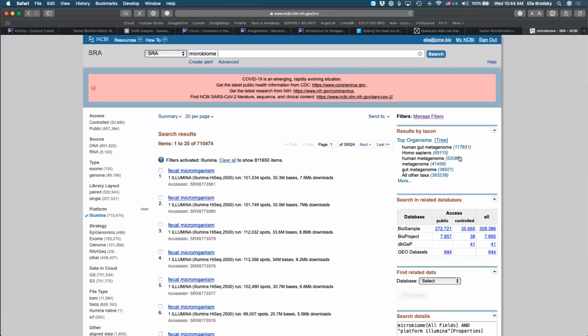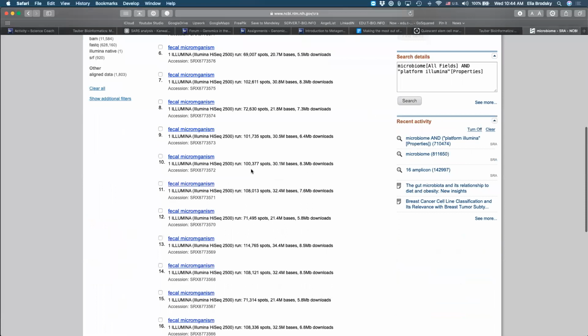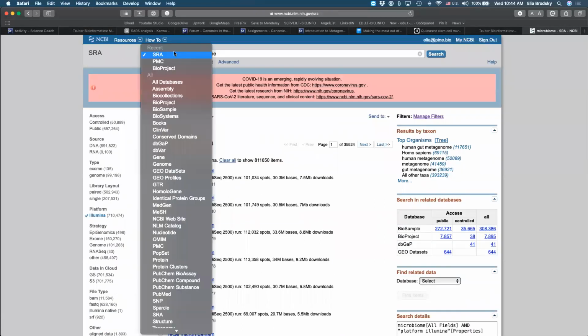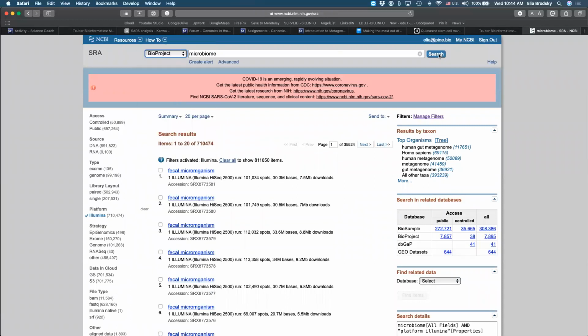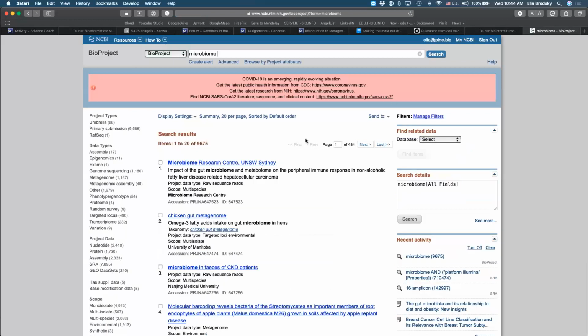Here you can look at different types of metagenomic studies, fecal microorganism, etc. Maybe let's switch it to bioproject. Let's just look at the variety of topics that people apply metagenomic sequencing to when they study the microbiome.